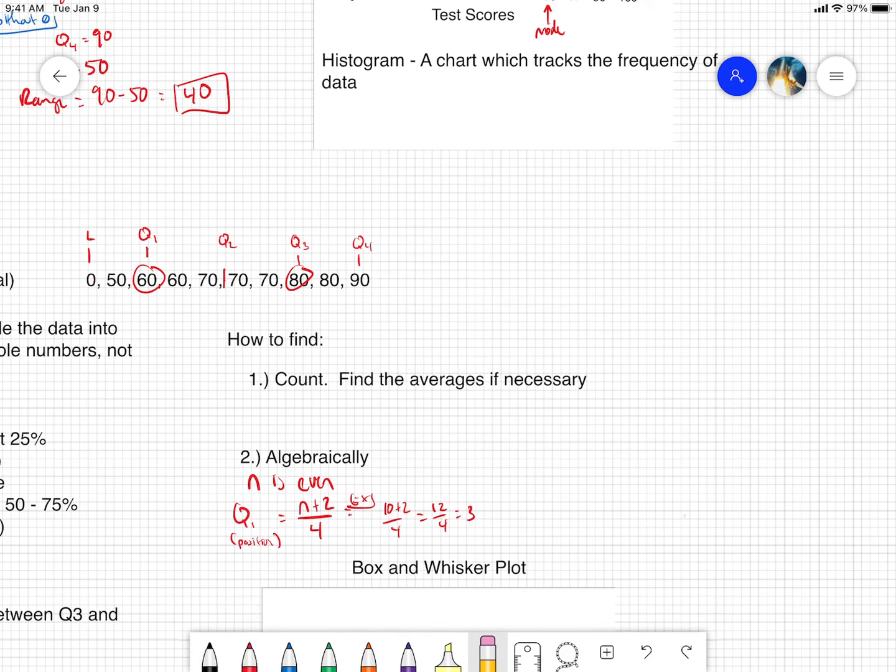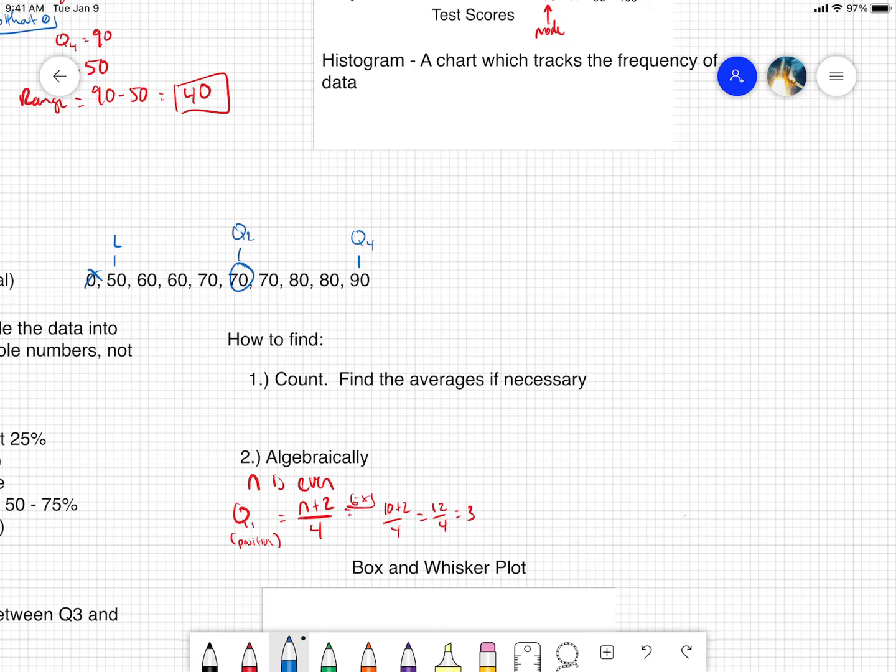But we're taking 0 out because 0 is an outlier.